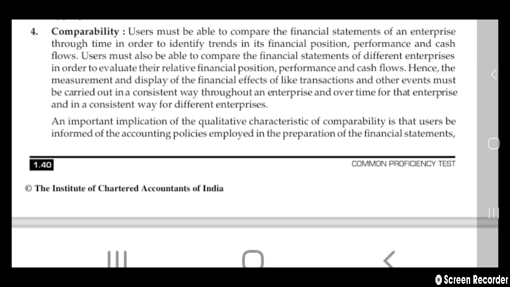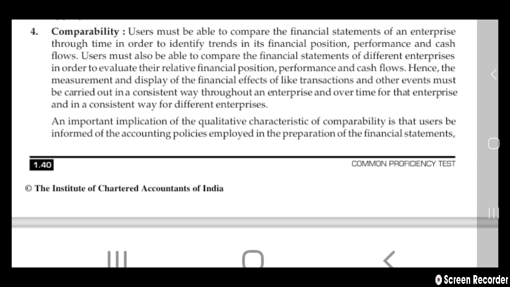Next, comparability. Users must be able to compare the financial statements of an enterprise over time in order to identify trends, as there will be changes every day, or week to week. There will be changes in its financial position, so users need to know the trends in financial position, performance and cash flow.